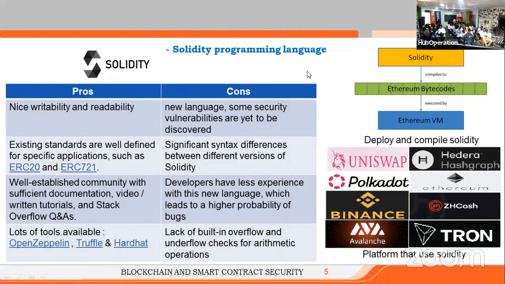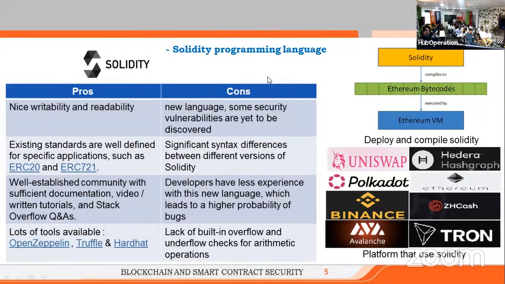Solidity also has many cons. It's a new language, which means there are a lot of security vulnerabilities yet to be discovered. The syntax differs greatly from one version to another. Developers have less experience, most with only 3 or 4 years. So there is a lack of skilled people in this programming language.